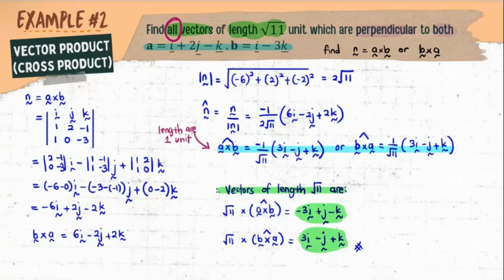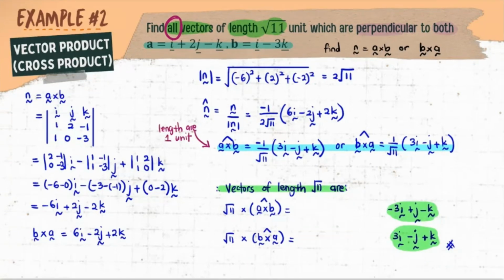Oh ya, sepatutnya saya kena tunjuk hasil darab masuk dia. Square root of 11 bila kita darabkan dengan A cross B hat. So square root of 11 kita darabkan dengan negative 1 over square root of 11 of 3i minus j plus k. Kan?